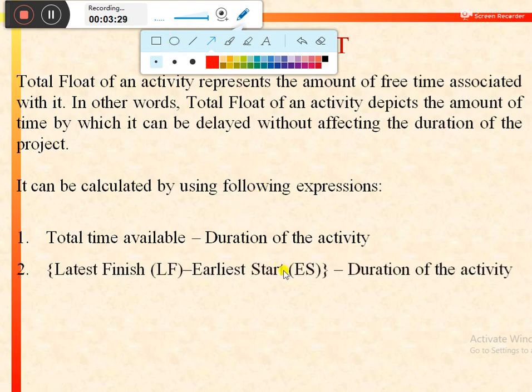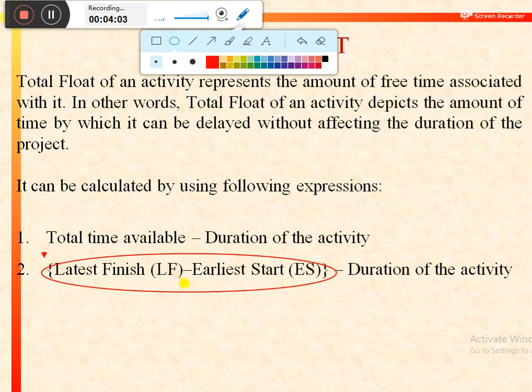Total time available to perform a particular activity can be calculated by using this expression, that is latest finish of that activity minus the earliest start of that activity. So by using this expression we can calculate the total time available to perform a particular activity, and then we can reduce from it the duration of the activity to find the total float for that particular activity.